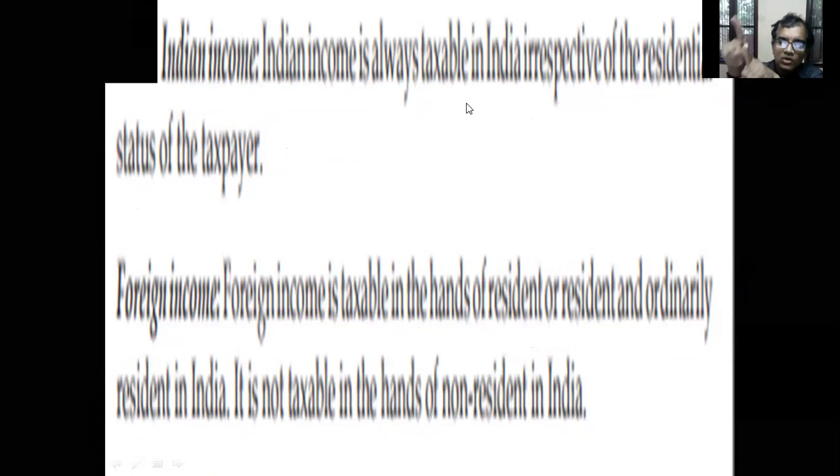Remember two things: Indian income and foreign income, Indian company and foreign company. An Indian company is liable to pay tax on Indian incomes as well as foreign incomes, whereas a foreign company is liable to pay tax only on Indian incomes. Then the question: which is an Indian company and which is a foreign company?